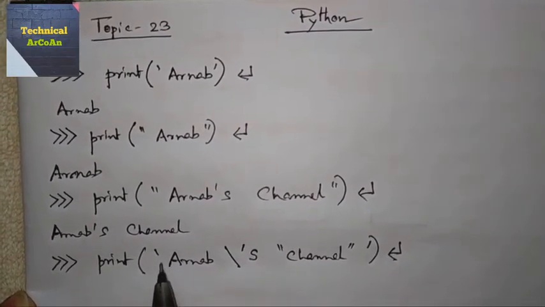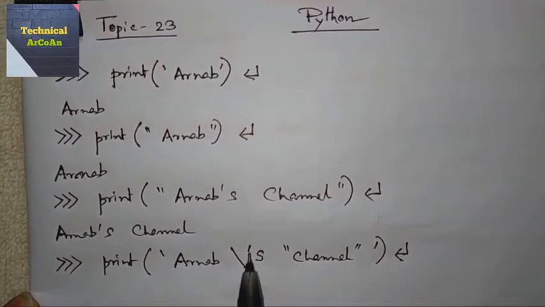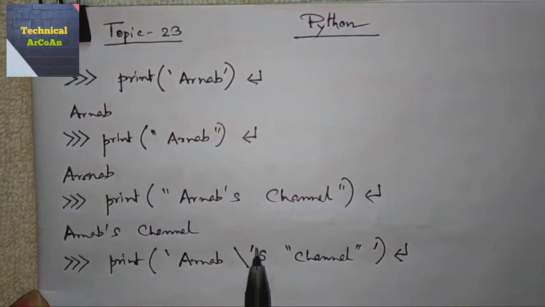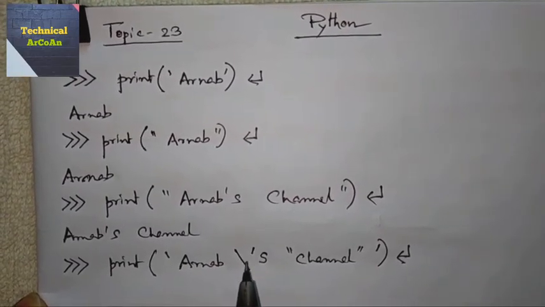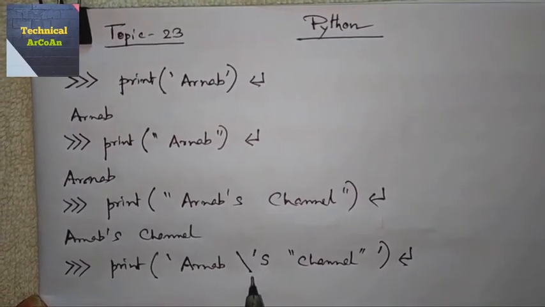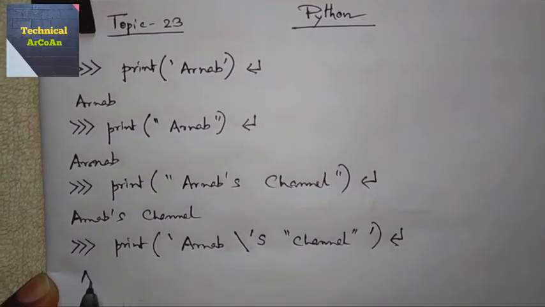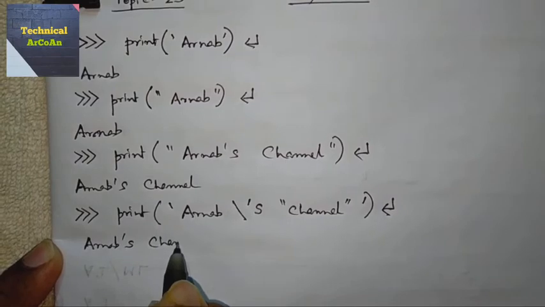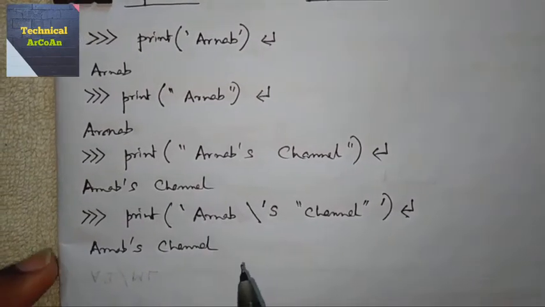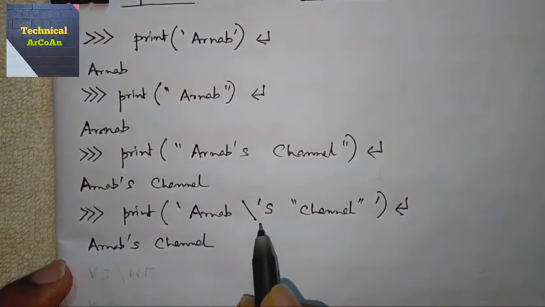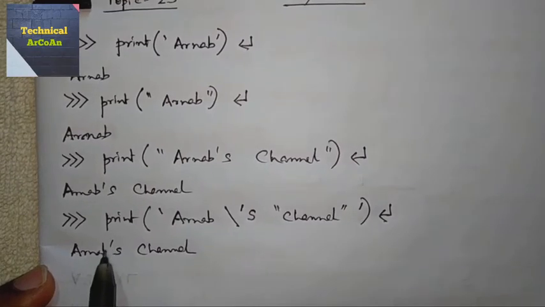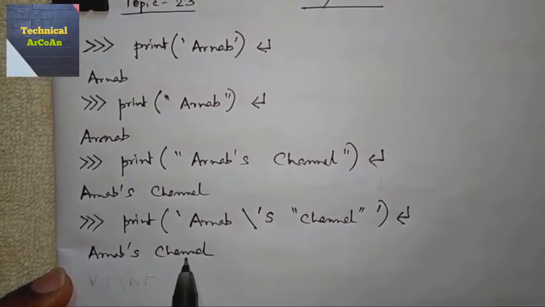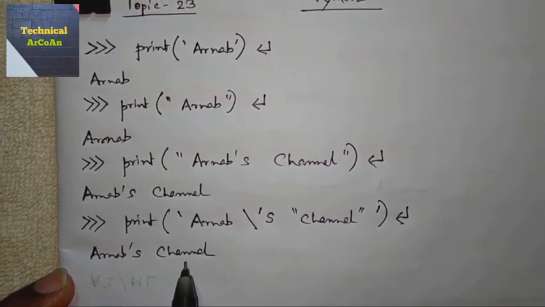And for the single quote in 's, meaning apostrophe s, to escape it we are using this backslash. That means it will print Arnab's channel here. This backslash will skip the quote, the apostrophe s will come here, and Arnab's channel is provided as the output.